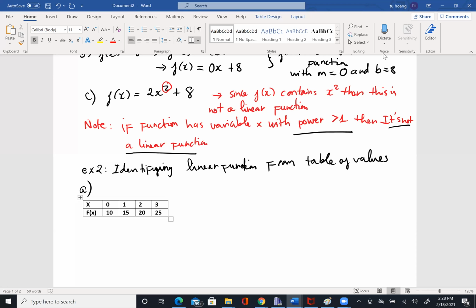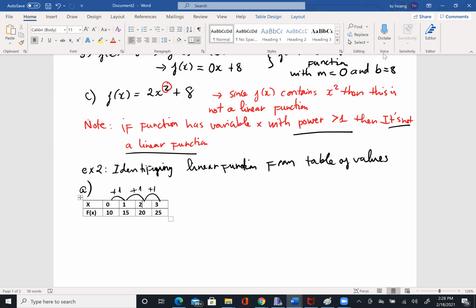Okay, so you want to know, is this a linear function? You need to check what's the difference in x. From 0 to 1, you're adding 1 unit, right? From 1 to 2, you're adding 1 unit, and from 2 to 3, it's adding 1 unit.